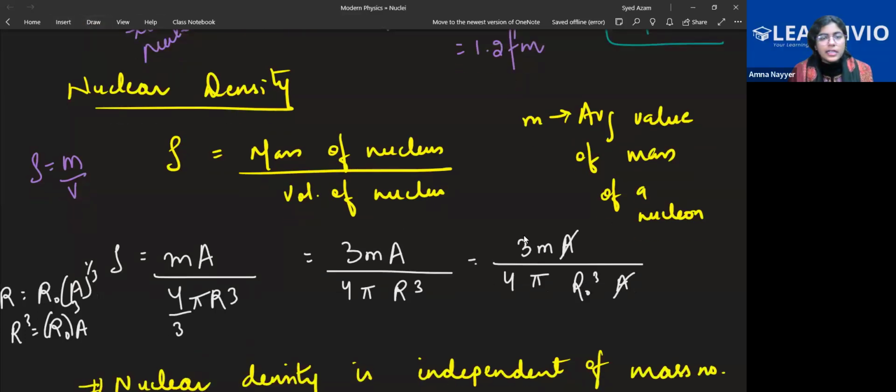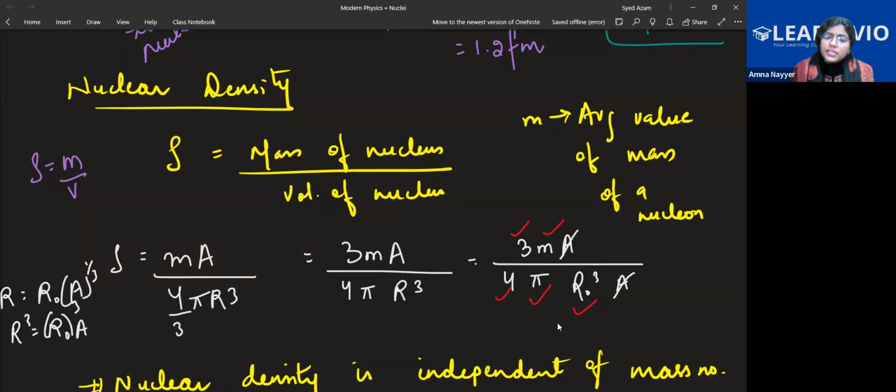Now, if you see all these things, this is a constant term. Mass of nucleon, this is also constant. 4 is a constant term. Pi is also a constant, 3.14. R naught, we know it's 1.2 fermi meters. That is also constant. It means the nuclear density is not depending upon any of the quantities. It is not depending upon the mass.